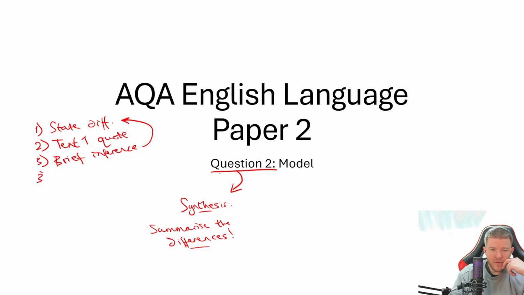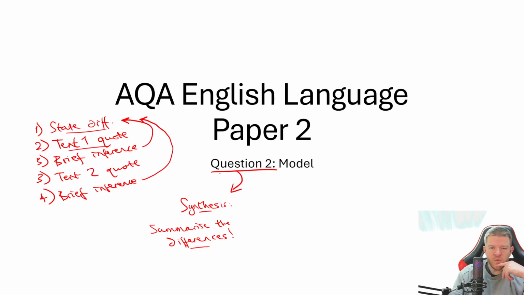Then you're going to do your text 2 quote, and you're going to do your brief inference in that second one to confirm. Okay, so say what the difference is, show it in text 1, explain it, show it in text 2, explain it, bada bing, bada boom.